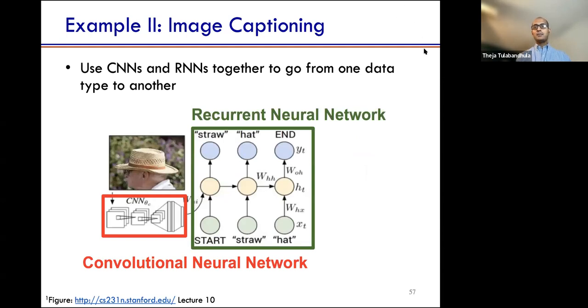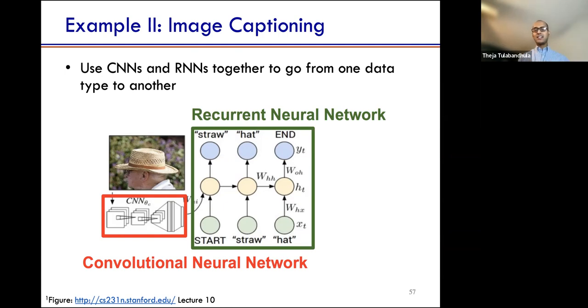Now here's a problem which is slightly different, in the sense that it flips the order. Here, the input is a fixed size, which is an image, and the output is a caption for that image. The caption can have 2 words, 3 words, or 10 words. You can see in this diagram that we're going to use an image as an input, but it's unclear how to pass an image directly as input to an RNN.